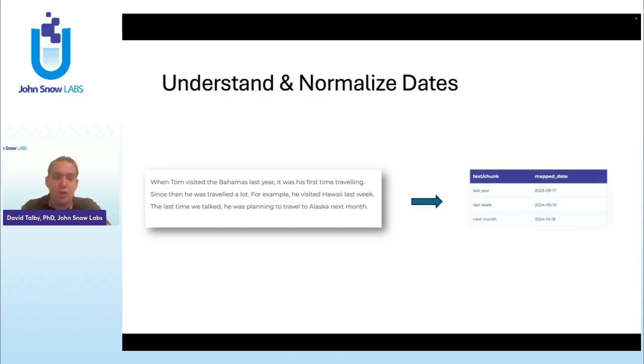For example, if this note is from July 1st, 2024, last year should be normalized to July 1st, 2023. And we need to know something happened there: if there was a hospitalization, a diagnosis, a symptom, they took a medication, they changed their diet, those social circumstances may change. We need to be able to extract it to a date.